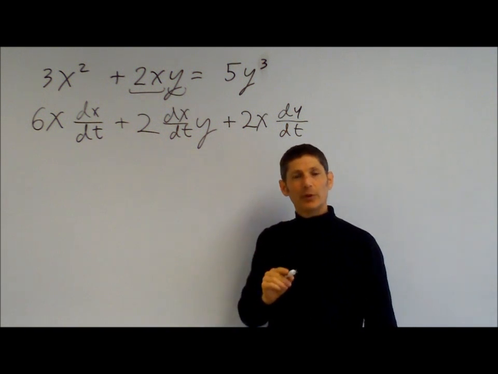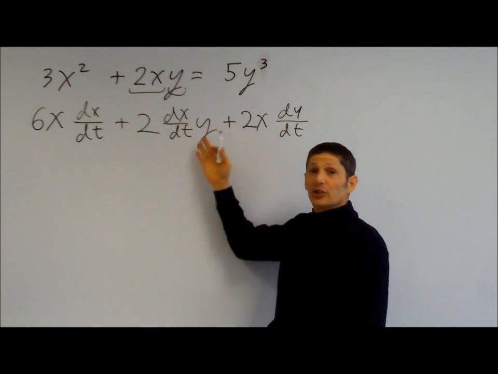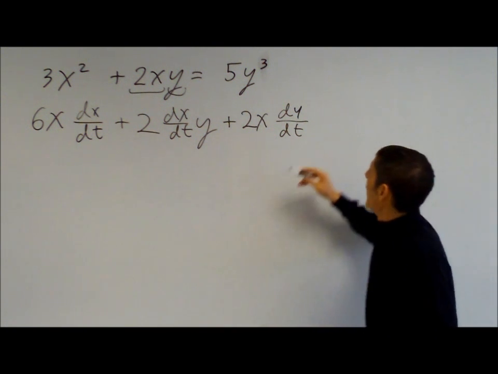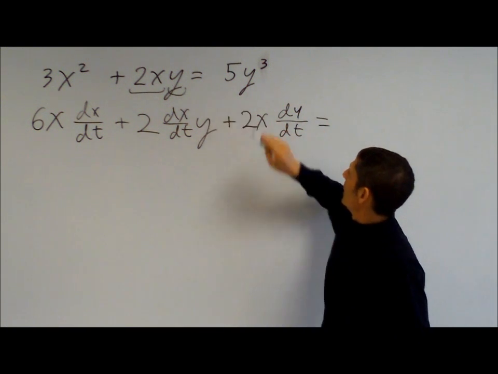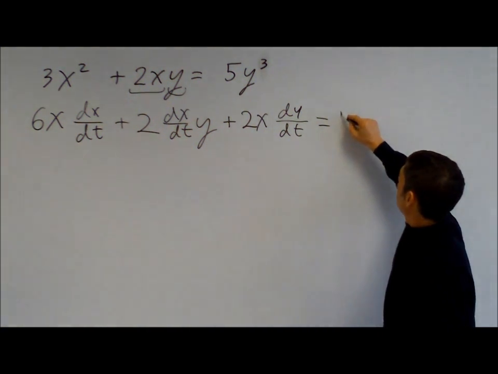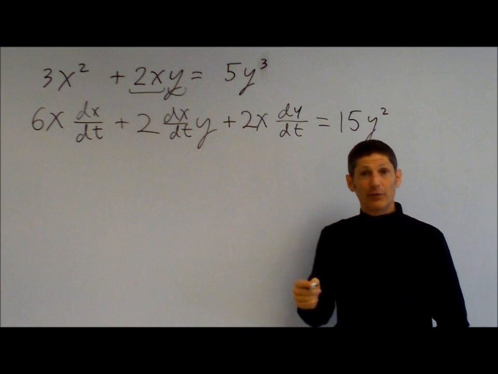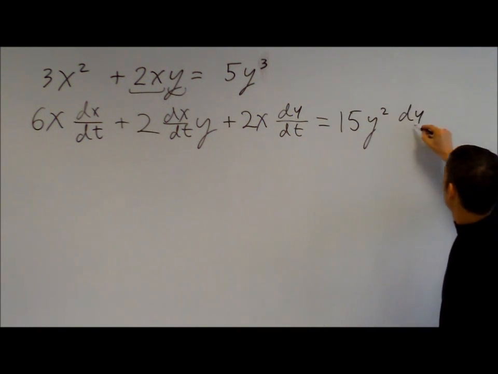So every variable is changing here with respect to this third variable, time. And finally, I'm up to this last guy, and that would be 15y squared. Again, I'm taking the derivative of a variable, so I'm going to stick on a dy/dt.